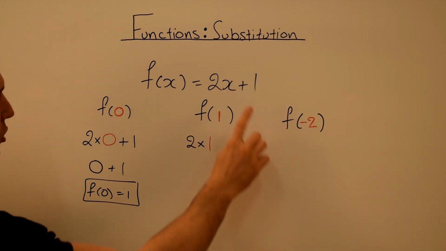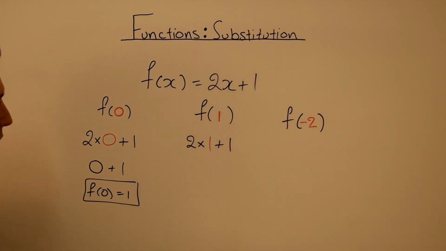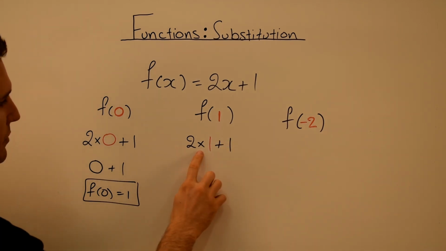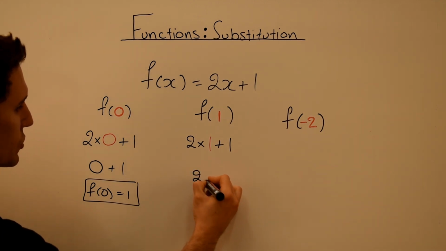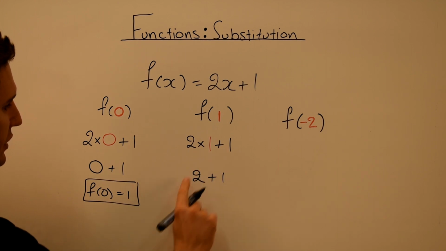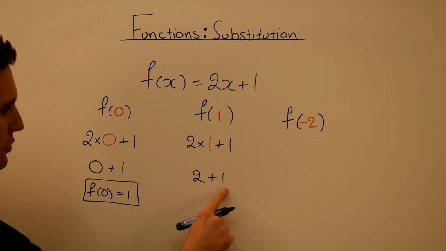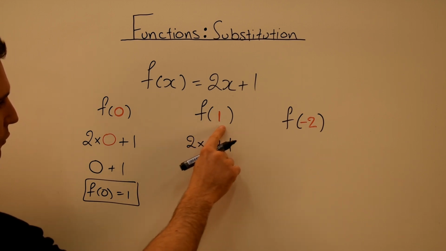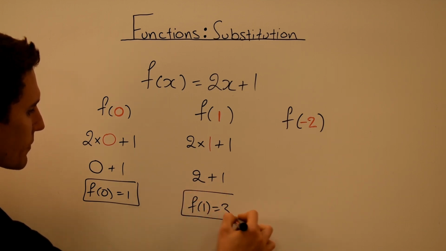And then we'll copy the plus 1, which is part of the formula. Now what is 2 times 1 equal to? That's simply 2. So we'll write down 2 plus 1. And 2 plus 1 is equal to 3. Therefore f of 1 is actually equal to 3.